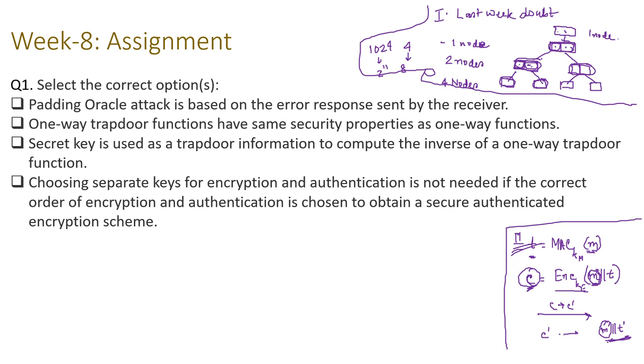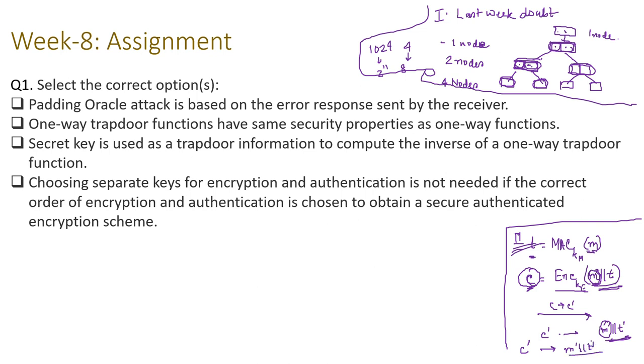But here C is a ciphertext for M concatenated with T. So when you are checking the ciphertext integrity game, you will be satisfied if you are able to come up with some C dash which gets decrypted to some valid string, which is M dash T dash.